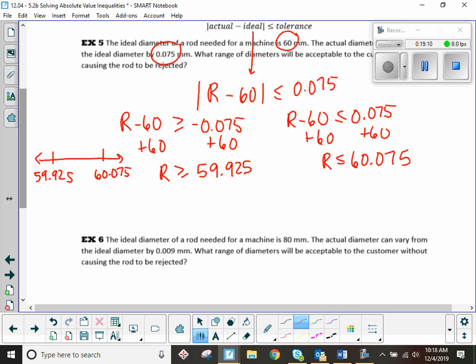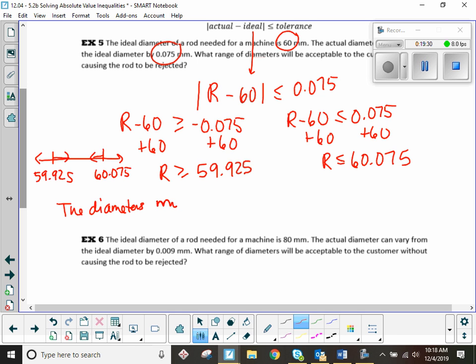We need everything bigger than 59.925 and less than 60.075. Is that an and or an or situation? And.